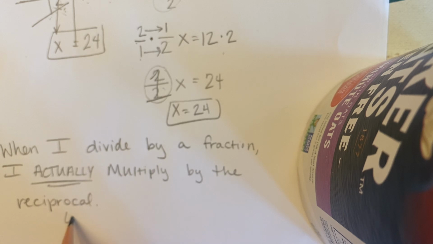What reciprocal means is upside down. Okay, you're going to flip that fraction upside down. That's what that means. So when I divide by a fraction, I actually multiply by the reciprocal.